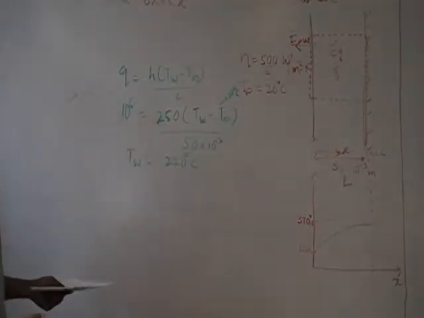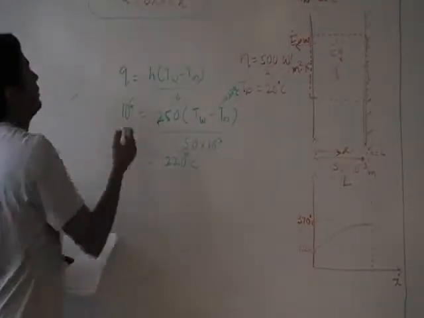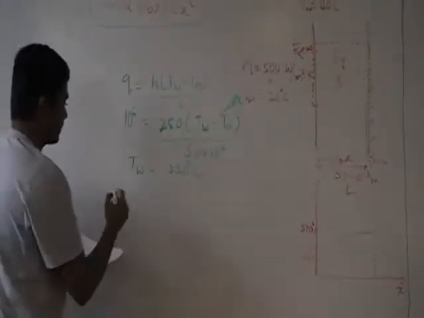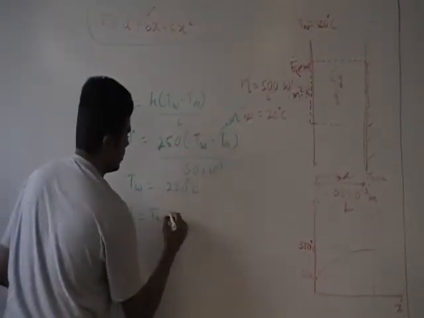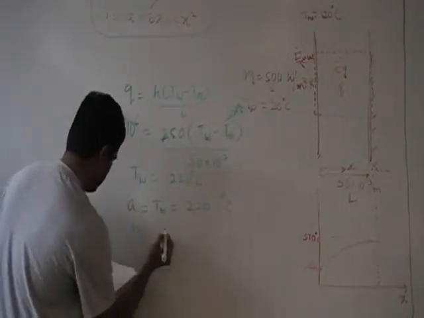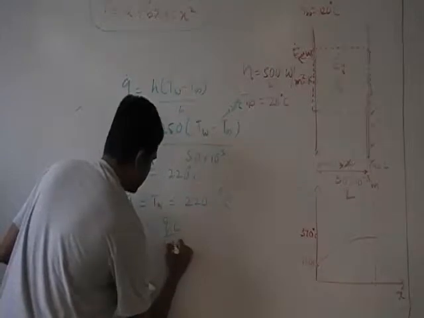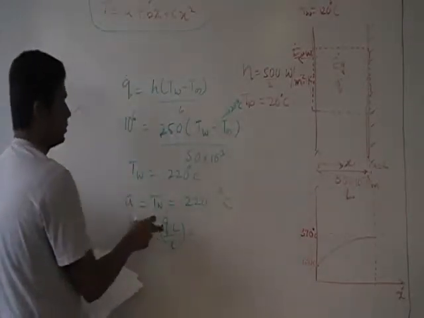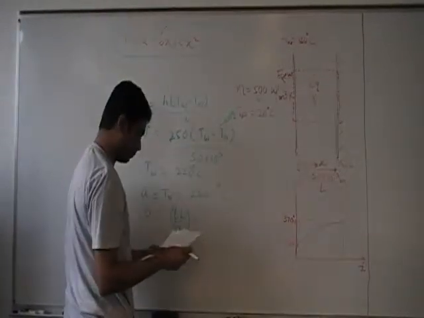Now, if we go back to our equation here and look up the equations for each of these constants, A should be equal to the wall temperature, which is 220 degrees Celsius. B is Q dot L by K. Remember, the Q did not change in this problem, so your coefficient should remain the same.